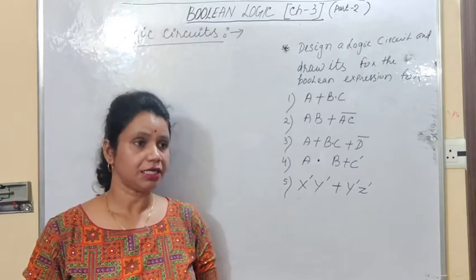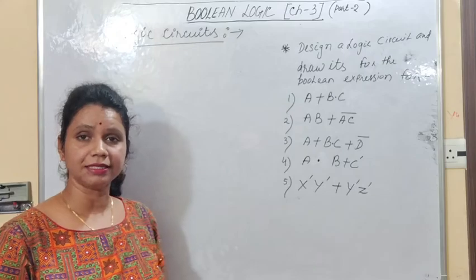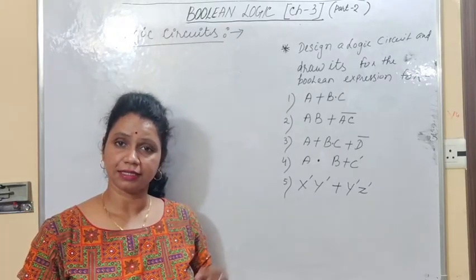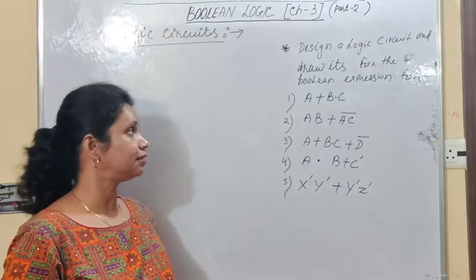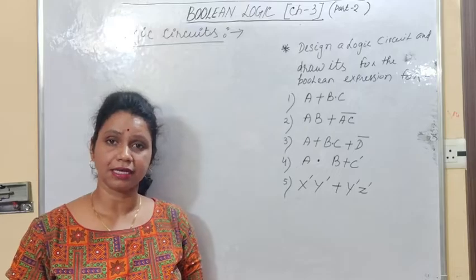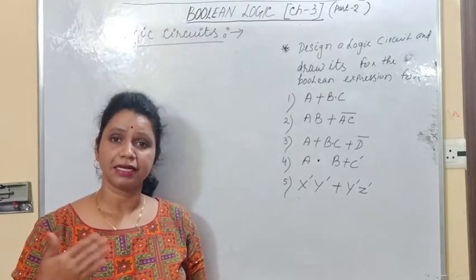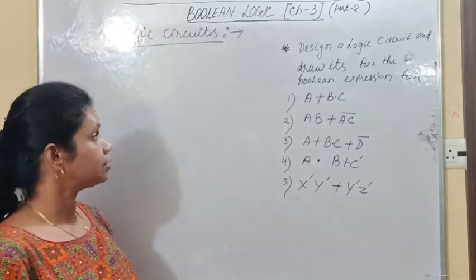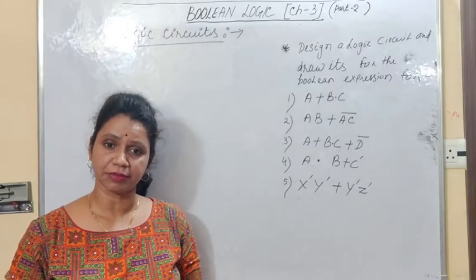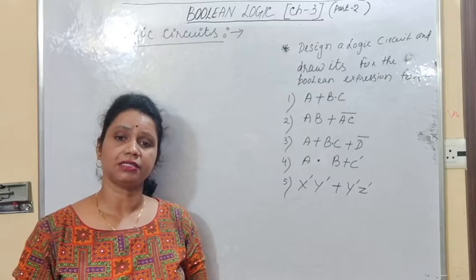Right students? Already we know about logic gates. There are many types of logic gates: AND gate, OR gate, NOT gate. These are the three basic logic gates, and some derived logic gates we have also discussed: NAND gate, NOR gate, exclusive OR gate, and exclusive NOR gate. Right students? So here logic circuit diagrams are used to represent Boolean expressions through combinations of logic gates.